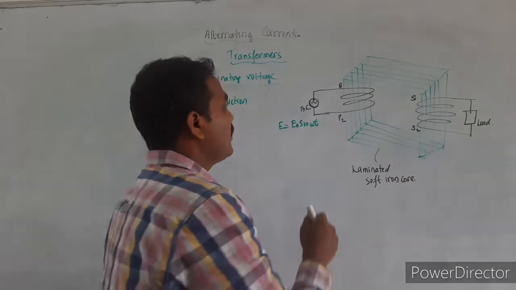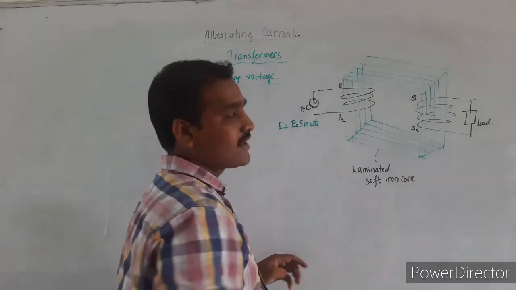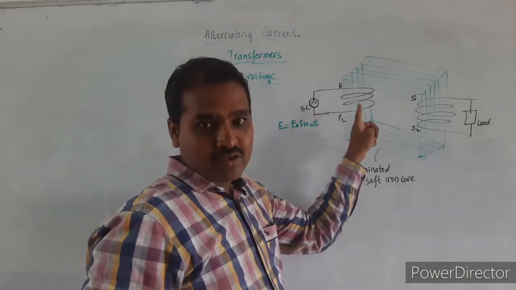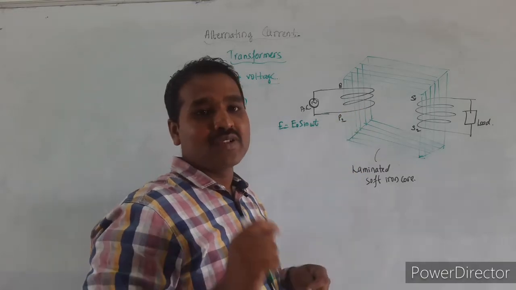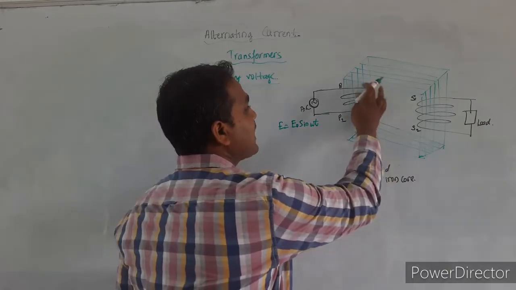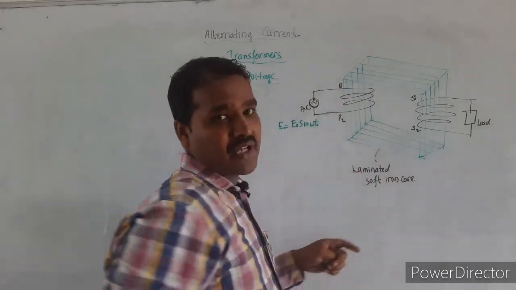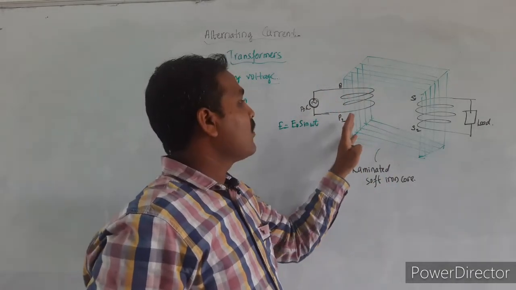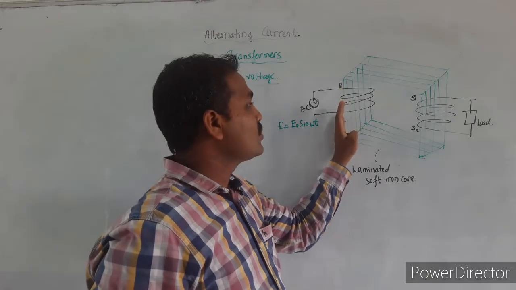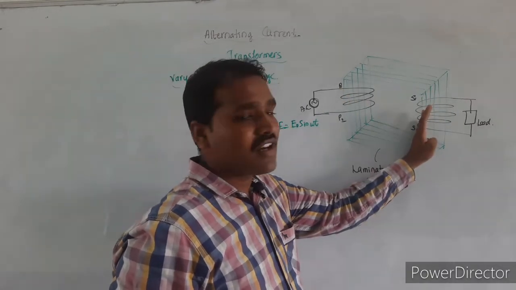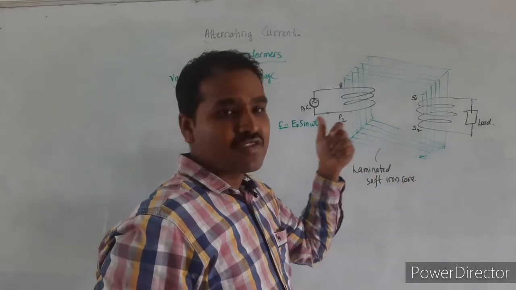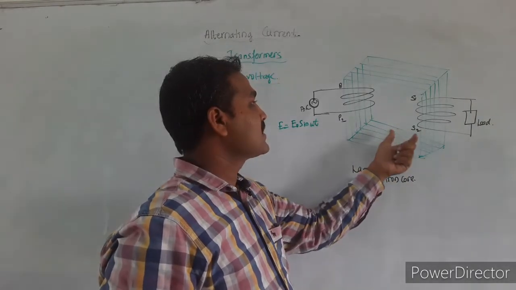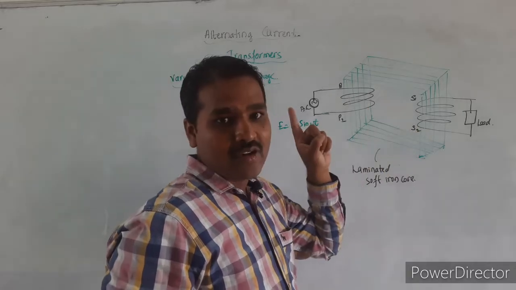Whenever alternating current flows through the circuit, since the magnitude and direction of the input current are continuously changing, a changing magnetic flux is induced in the primary coil. The same magnetic flux is also linked with the secondary coil because of the soft iron core, which couples the primary and secondary coils.